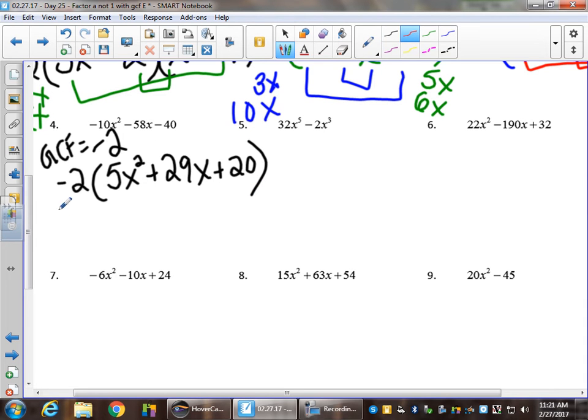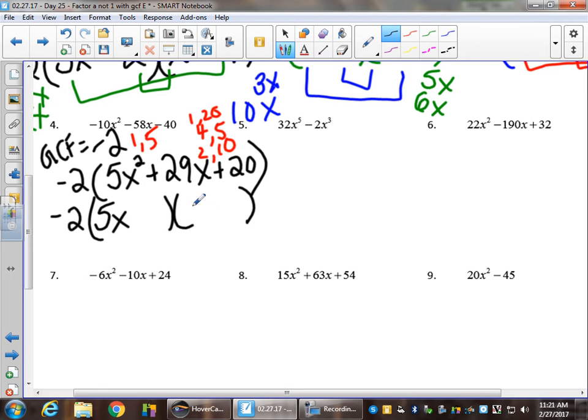Factors of A. 1 and 5. Factors of C. 4 and 5. Yep. What goes here? 5x. Here. X. Which factor do you want to choose? 4 and 5.